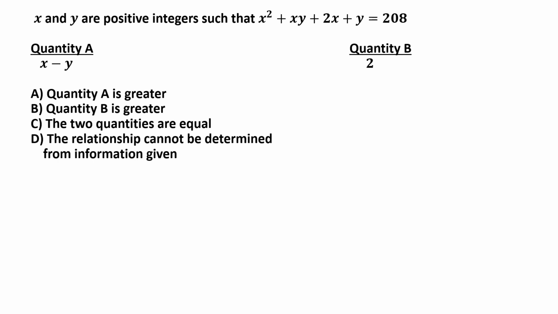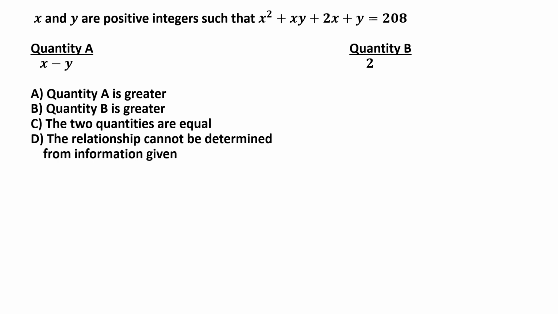What we're given is an equation involving two variables, x and y, and normally this would not be solvable in terms of x and y, because in order to solve for two variables we need two equations and we're given only one.